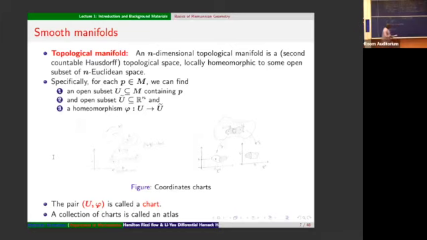You can pick another point, even have overlapping charts. Then you have a neighborhood of that point, and there will be a homeomorphism that takes it to an open subset of Rn. So this is a topological manifold.